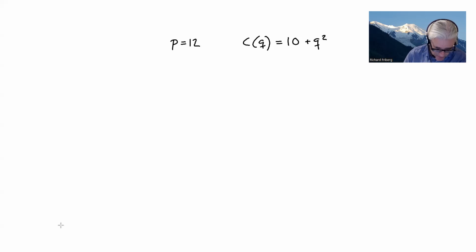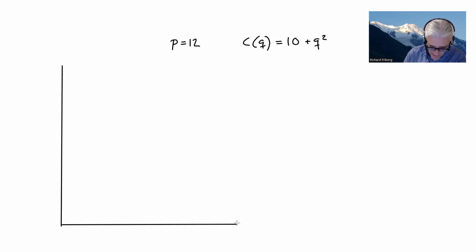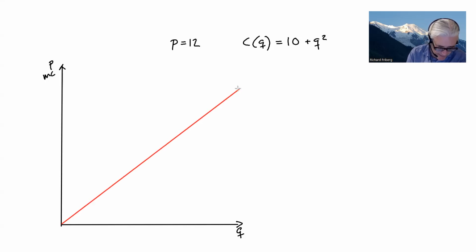We were able to depict that in a graph where we had, as usual, quantity on the horizontal axis, and price and marginal cost on the vertical. That was the marginal cost curve, given by 2Q, like that.